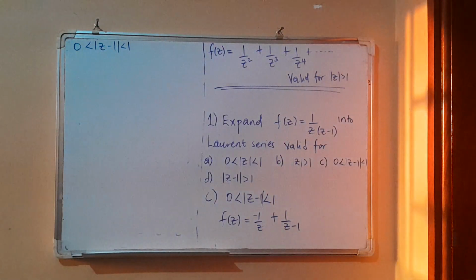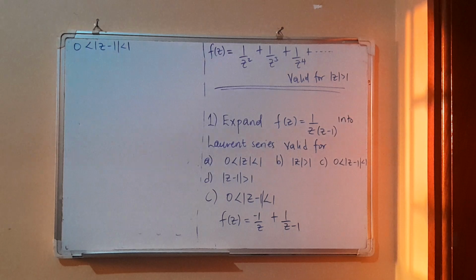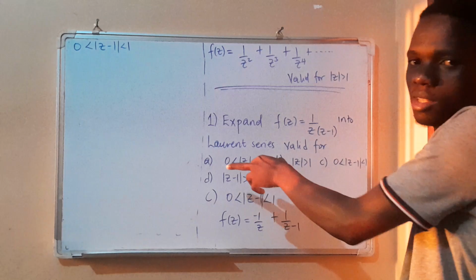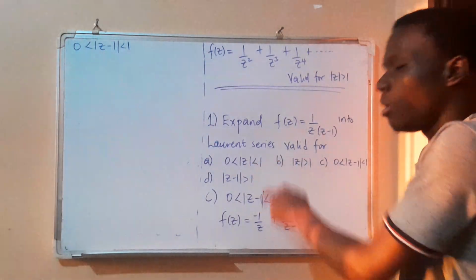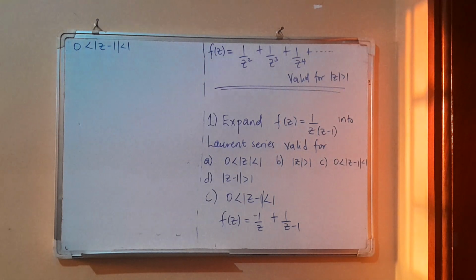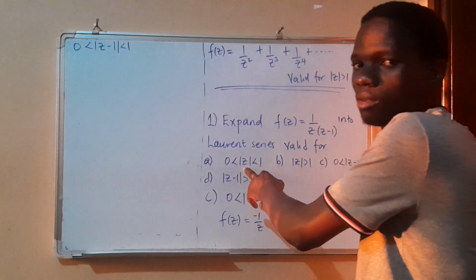Now, when you look at that domain, I told you that we are obtaining these expansions about a point of singularity. In part A, we are obtaining the series representation about z equals 0.